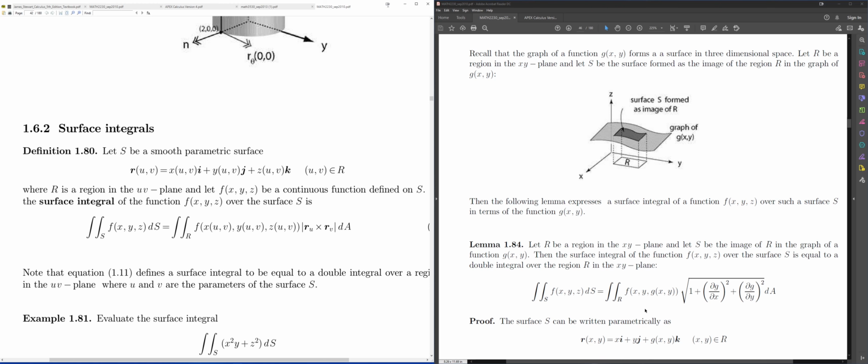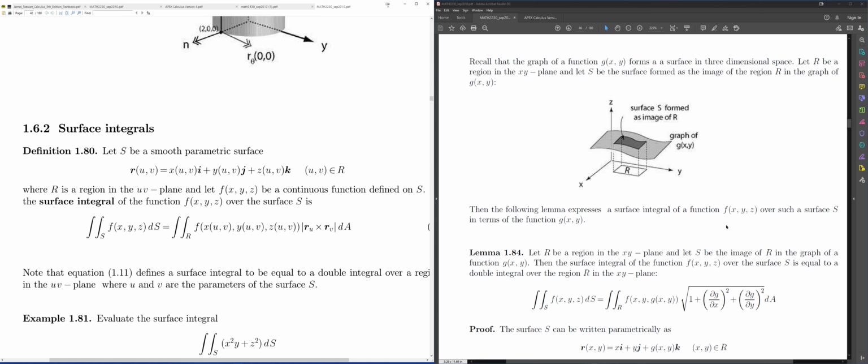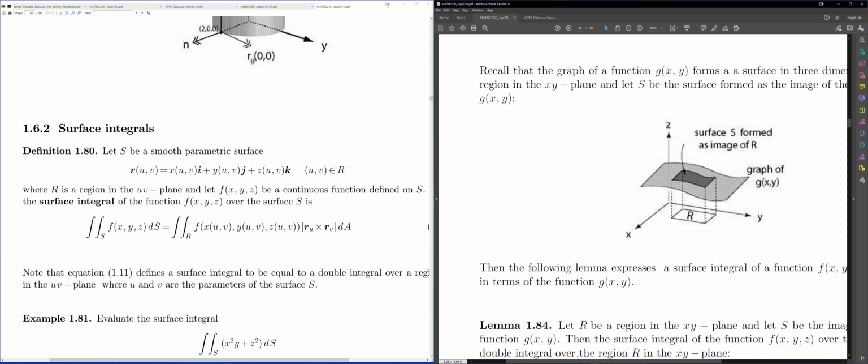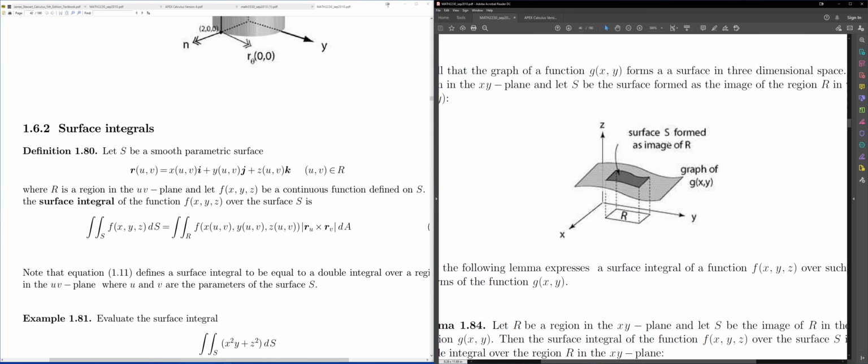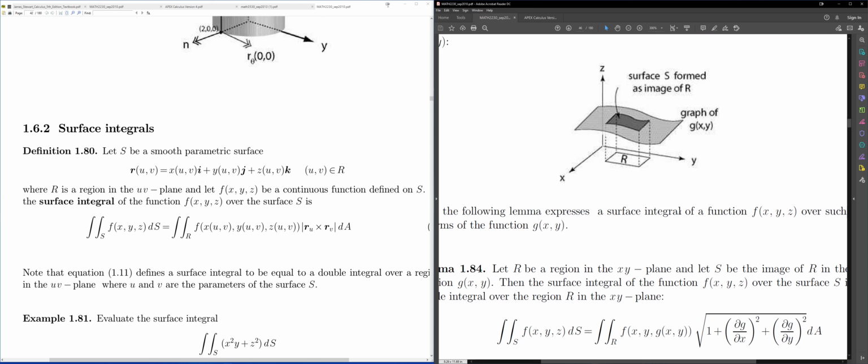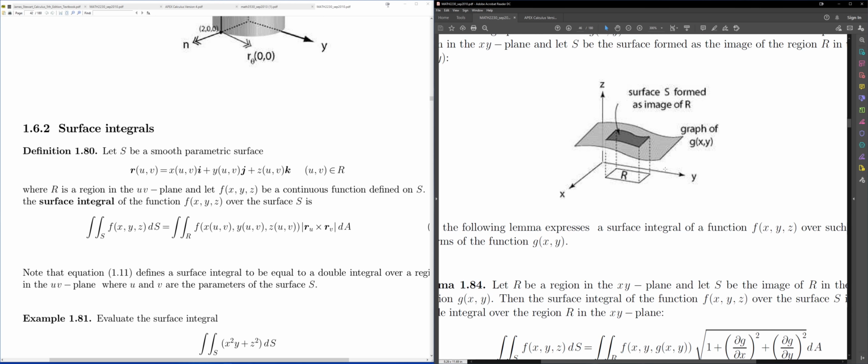So what's the setup for this? What I have is a surface S, and I have several things going on here. I have the graph of a function, z = g(x,y). Remember that the graph of a function forms a surface in three-dimensional space.